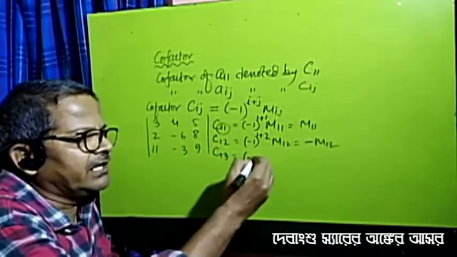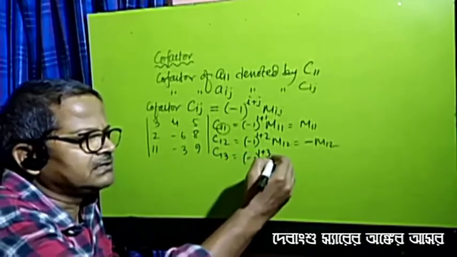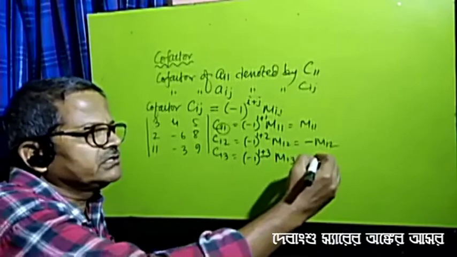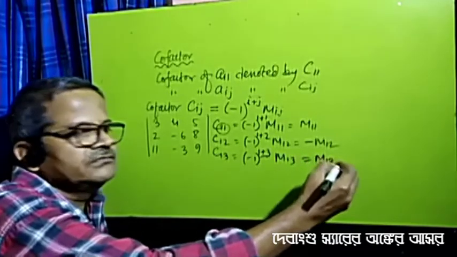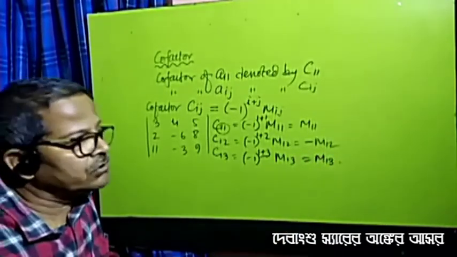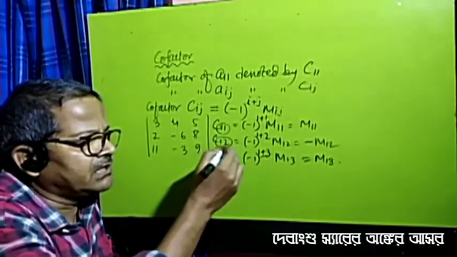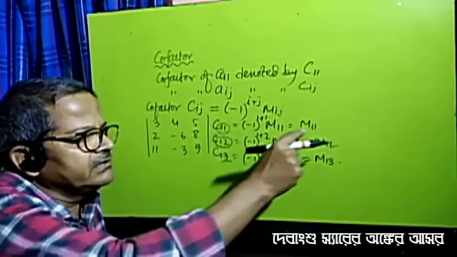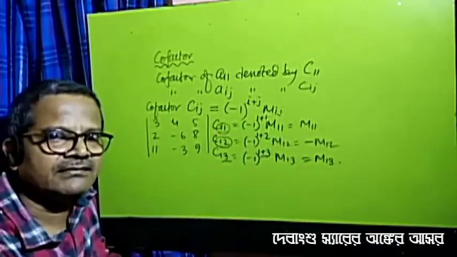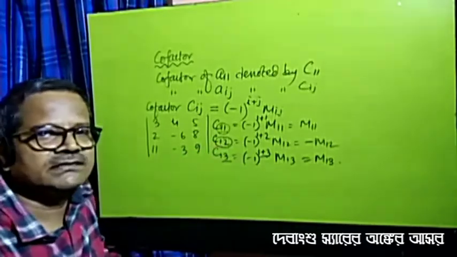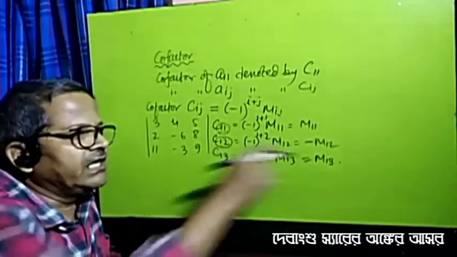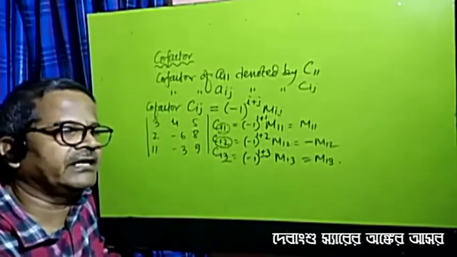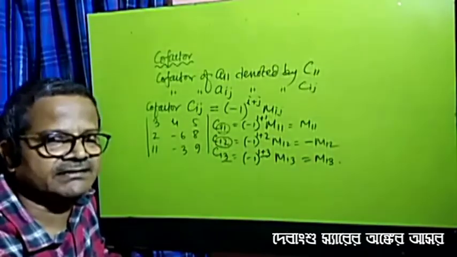C13 is equal to minus 1 to the power 1 plus 3 M13. Since it is 4, it is equal to M13. So notice that when the sum of the digits is even, then Cij and Mij are equal. When it is odd, Cij and Mij are of different sign. If Mij is 10, Cij is minus 10.